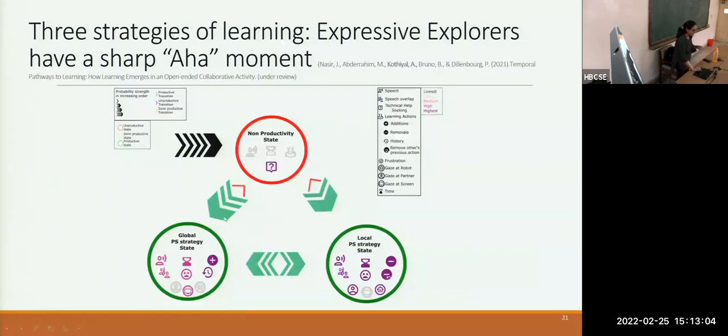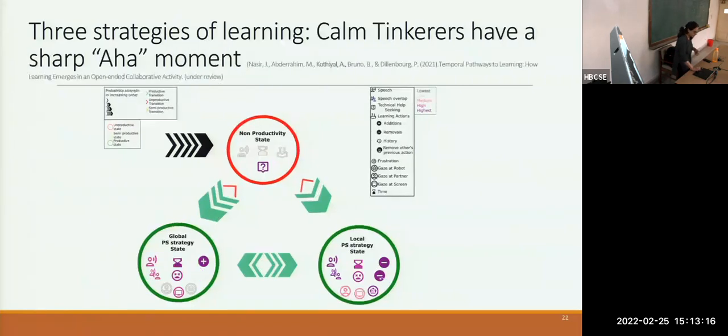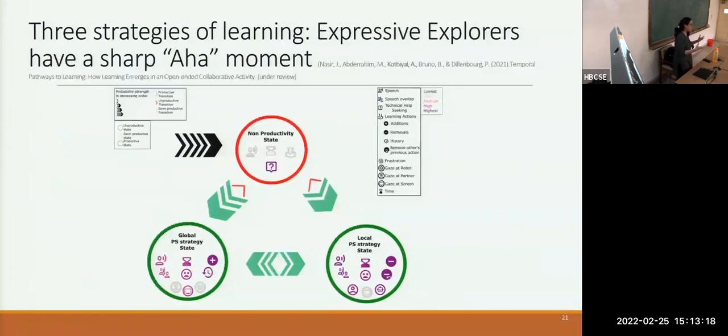These arrow marks denote the probabilities of transitioning from one state to another, and the higher the probability, the greener the arrow is. So what this is telling us is that when people are in the state of non-productivity, they stay there for a while, but then there's a very high probability that they will transition to another state of global problem solving.